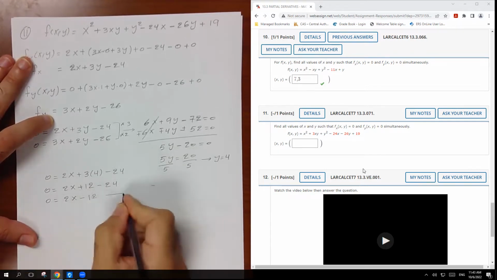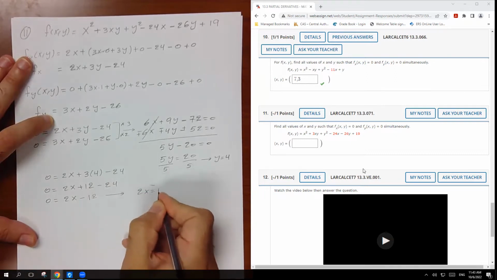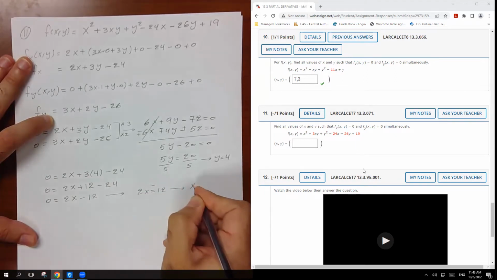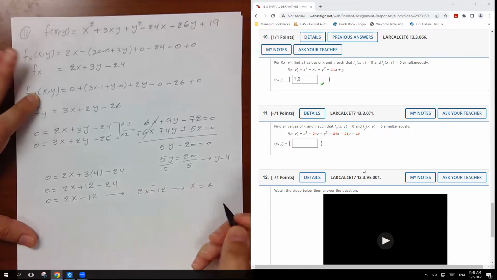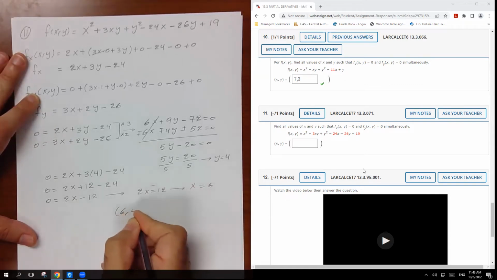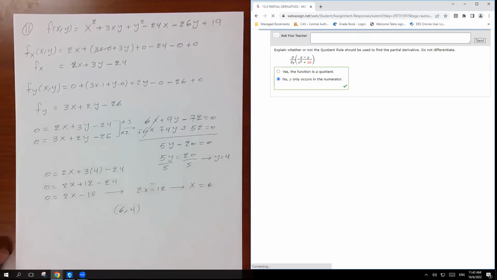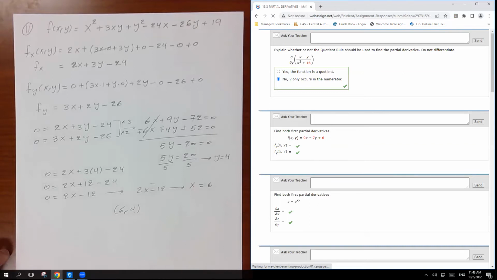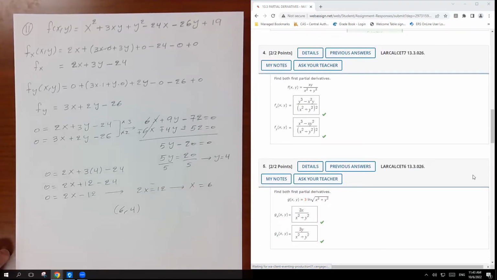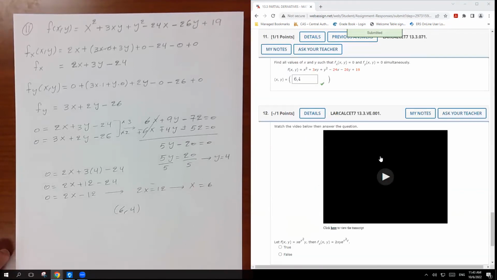And here 2x is equal to 12. That means x is going to be equal to 6. So it's going to be 6 and 4. Here we go. That's it.